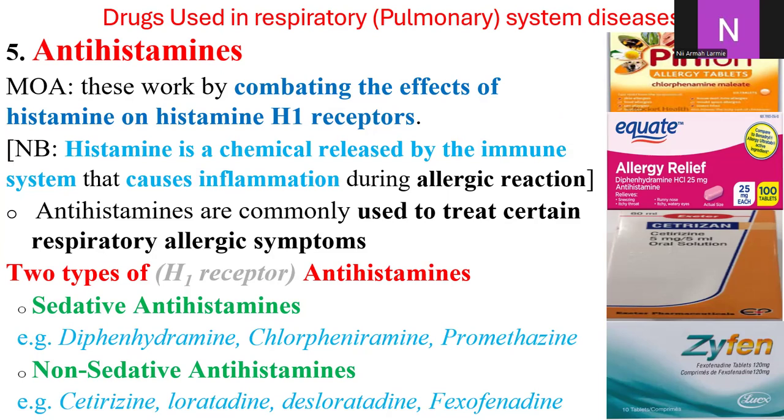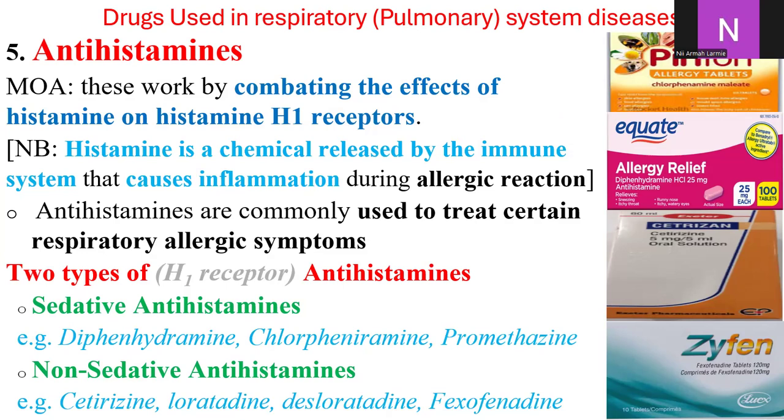There are two main types of H1 receptor antihistamines, those that cause sedation and those that do not cause sedation. That's important because when you're going to give these drugs for allergies in your patient, or cough associated with allergies, you want to be sure which ones are sedative.